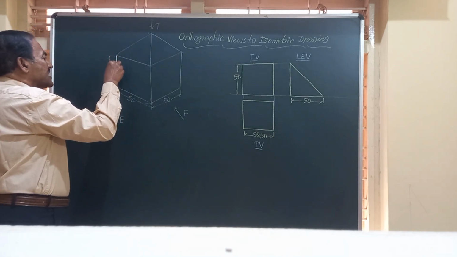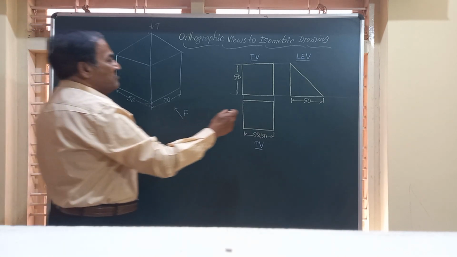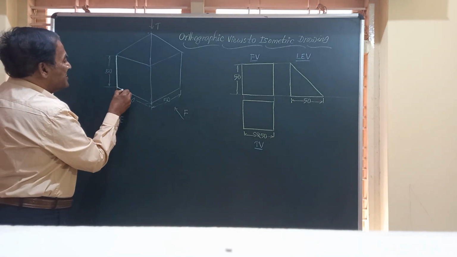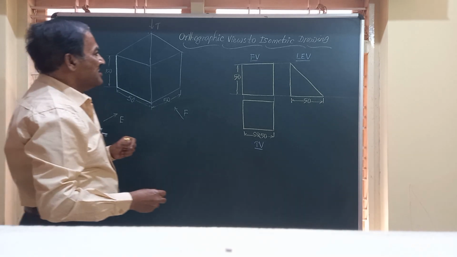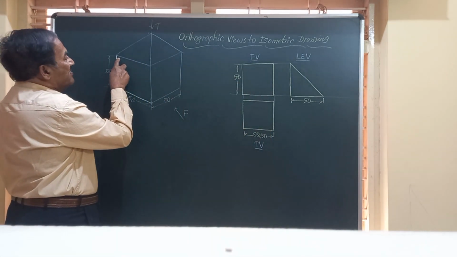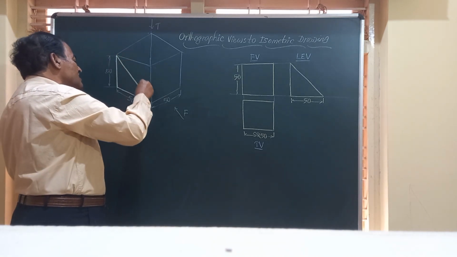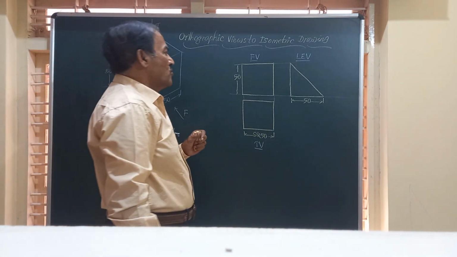So I will just write a line through this. This has got a height of 50 and the bottom is also 50. So I can just complete this left hand view part of that 50 by 50. And friends, this point is starting from here and ending here. So I have to join these two. That is, this portion of the solid is over.